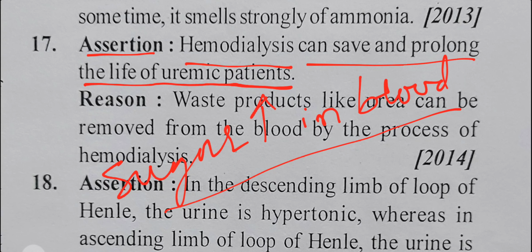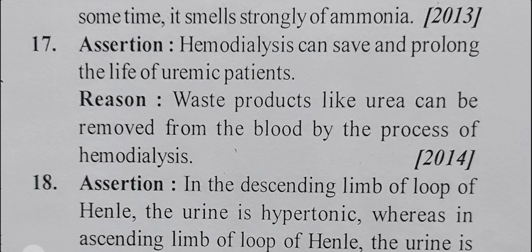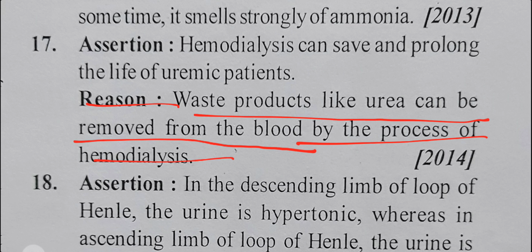The process of treating or filtering the blood outside the body is called hemodialysis, and that can save and prolong the life of uremic patients. So the assertion is true. Coming to the reason: waste products like urea can be removed from the blood by the process of hemodialysis. Yes, hemodialysis is a process of removing waste from the blood.